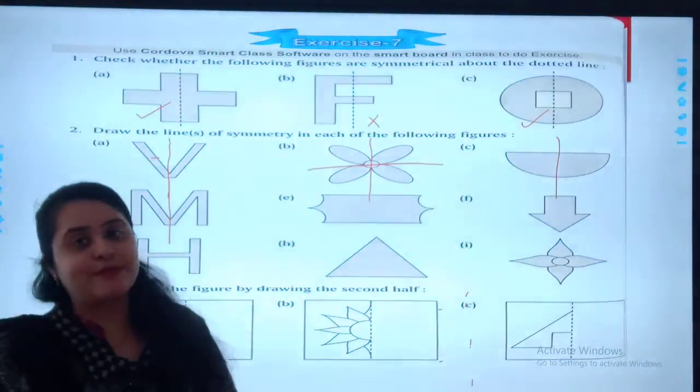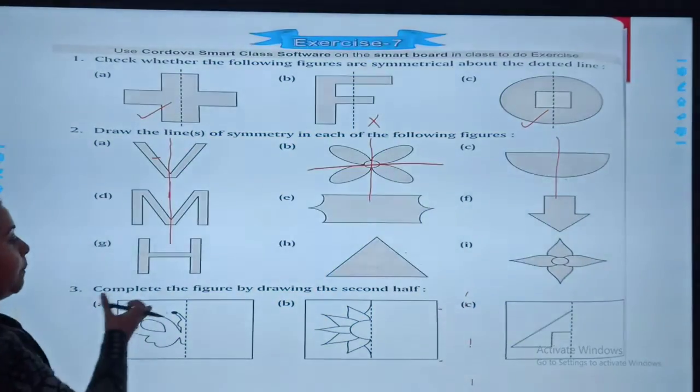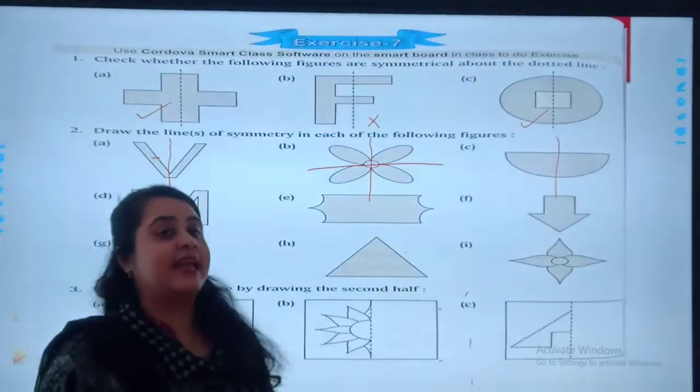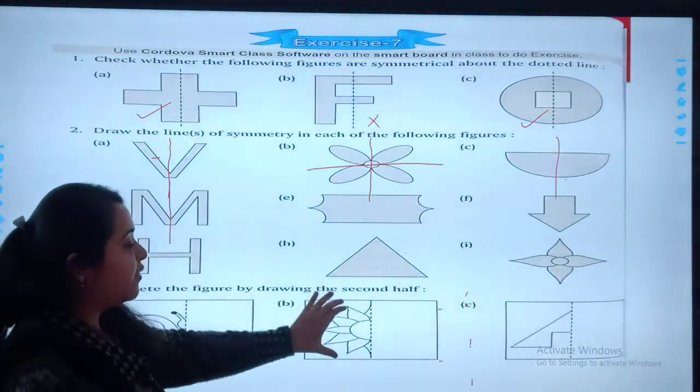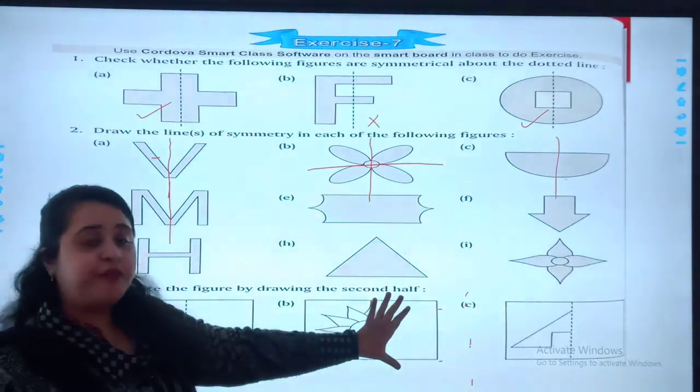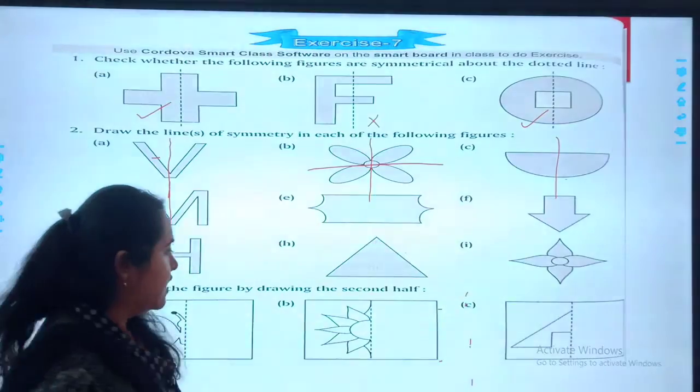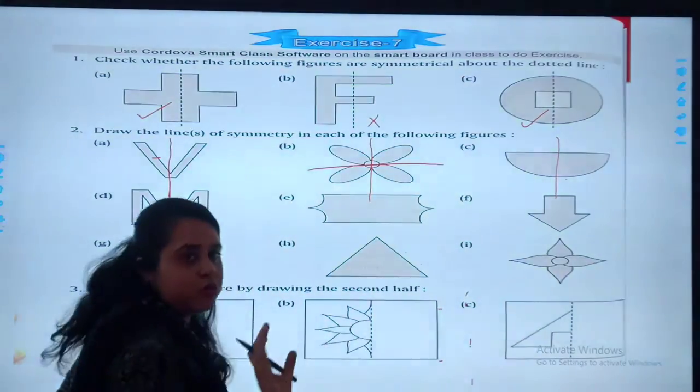Let's move to question number 3. Complete the figure by drawing the second half. आधा फिगर दिया हुआ है and half figure I am supposed to complete like this. I am not so good at drawing now.